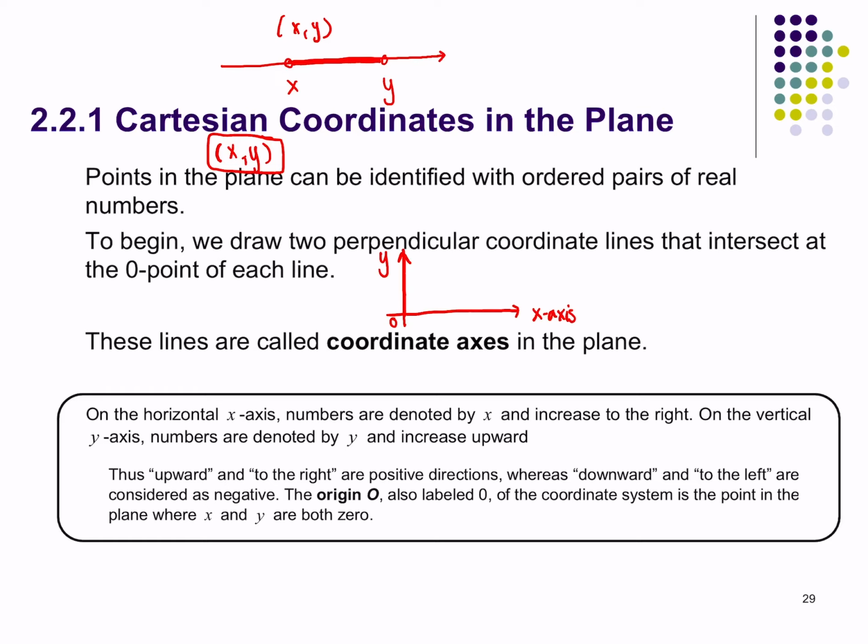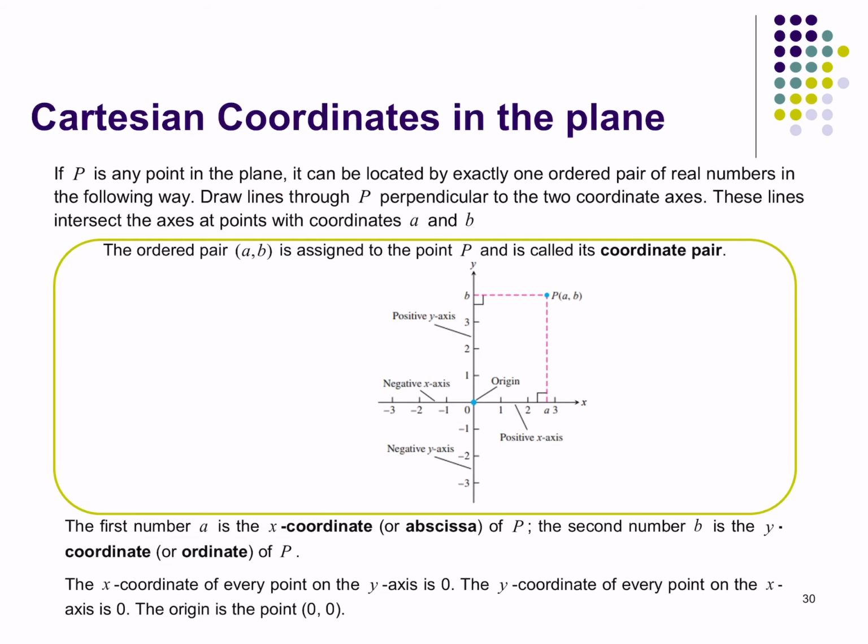We also have the downward direction for y, which is the negative y, and toward the left along the x-axis, which is negative along the x-axis. Right, so here is the coordinate plane that we talk about.